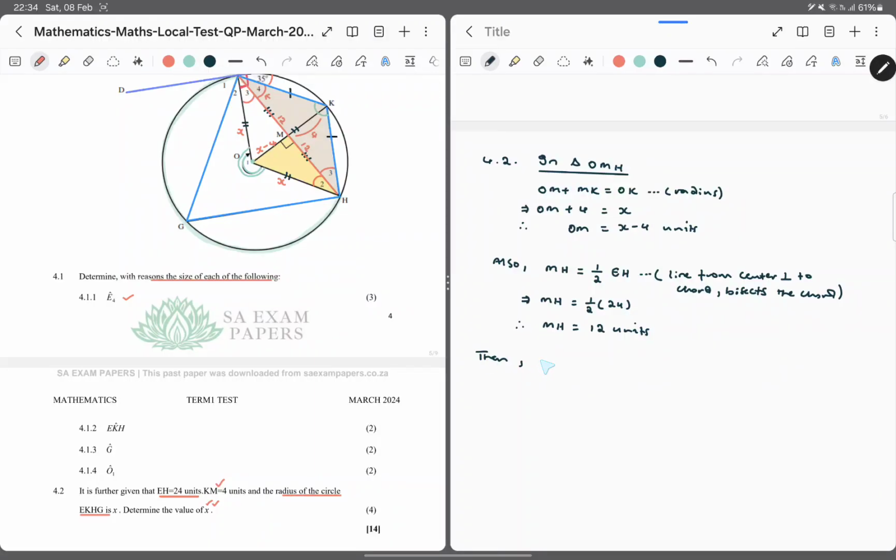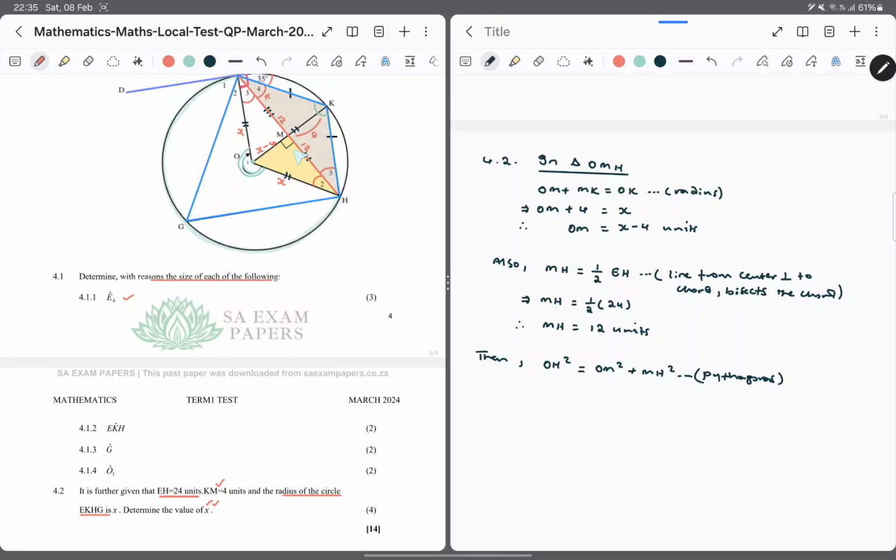Then we understand that OH squared is equal to OM squared plus MH squared. This is Pythagoras theorem. Remember, this is a right angled triangle.